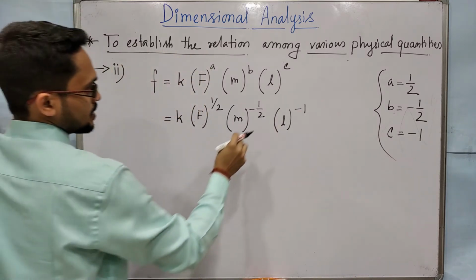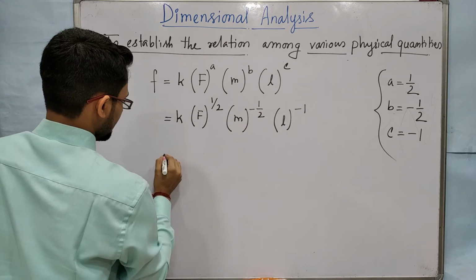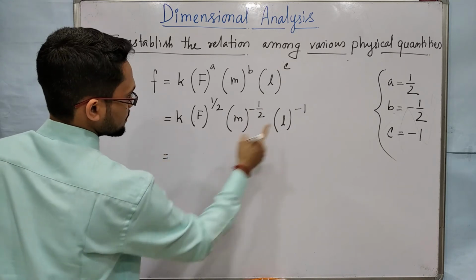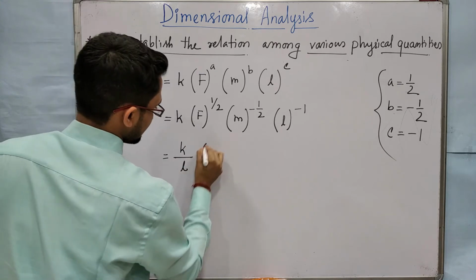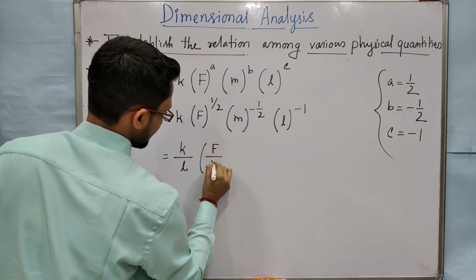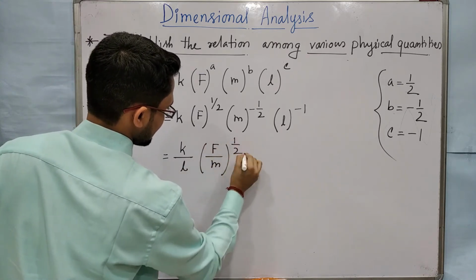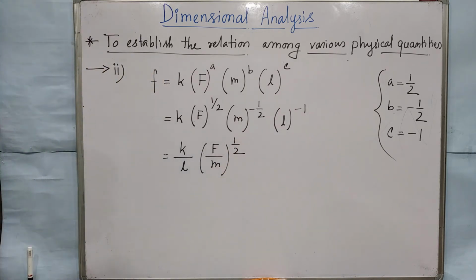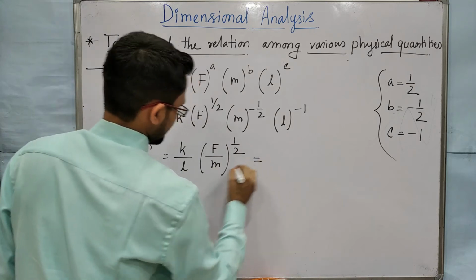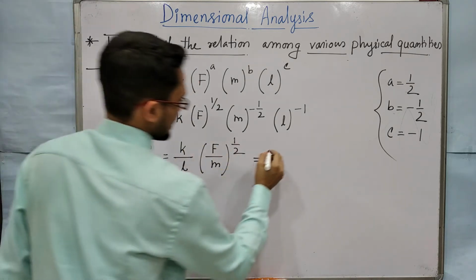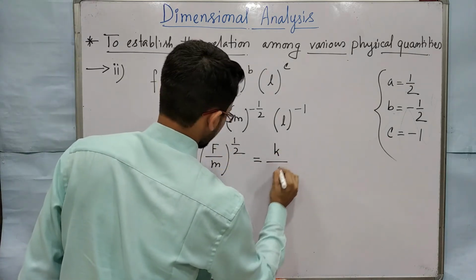Those whose powers are negative, we can take them in the denominator, so it will be k by l, then F by m to the power half, like the previous way. So this is f. Now we can express this quantity as root over F by m.